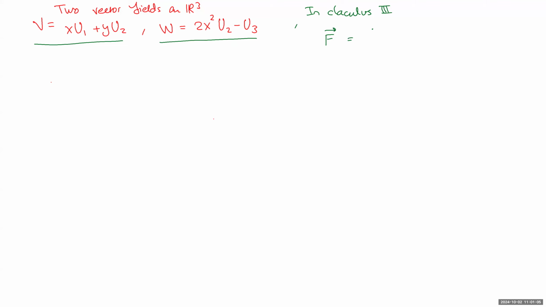The first one is (x, y, 0), and this is equivalent to V. W is equivalent to, let's call it G, and this here is (0, 2x squared, negative 1).